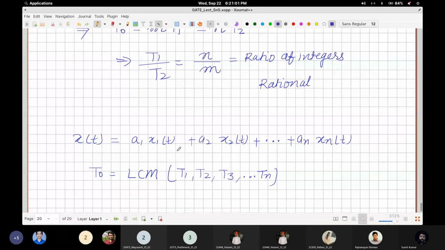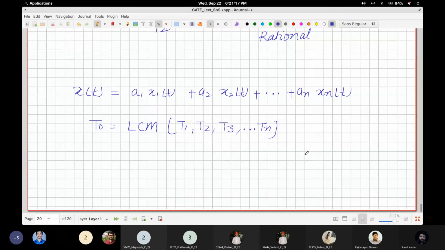And the second thing is, what should the ratio of all these be? It should be a ratio of integers, it should be rational. Is that clear? If you take these ratios, each ratio has to be rational. Any two you take has to be rational. Okay, and only then is it going to be periodic.